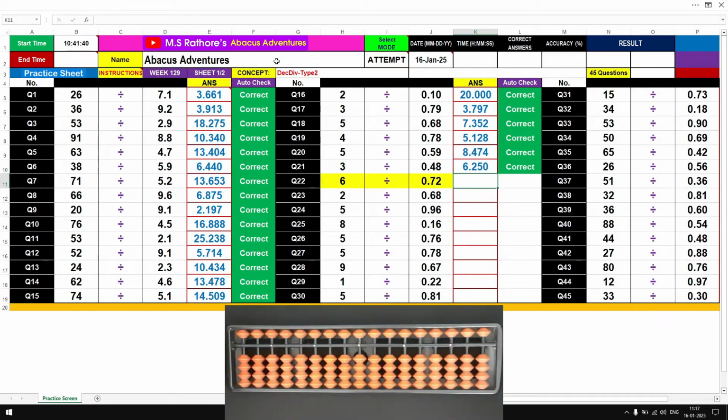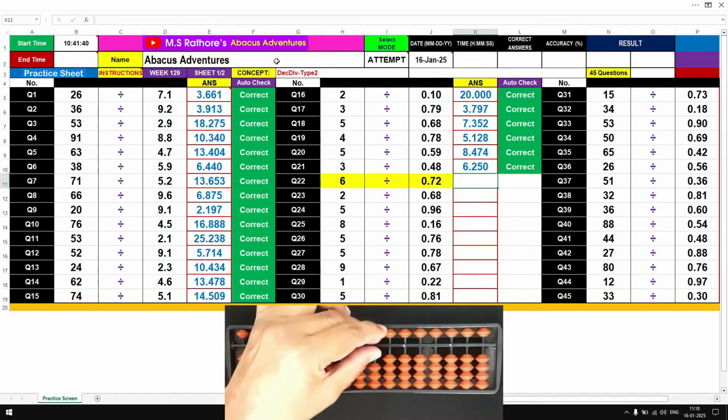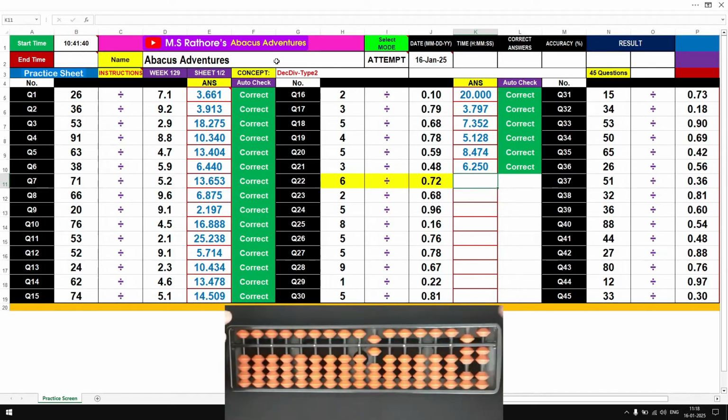Question number 22, 6 divided by 0.72 or 6 divided by 72 after the dividend has been correctly placed here.